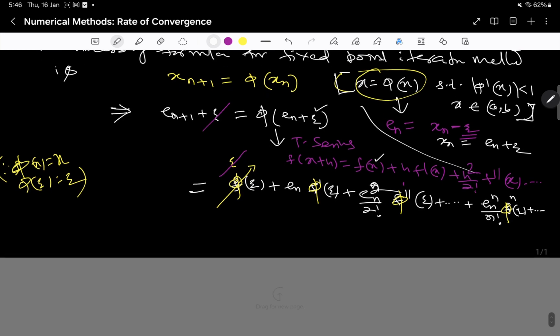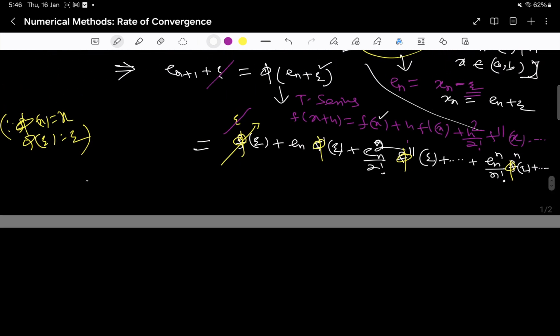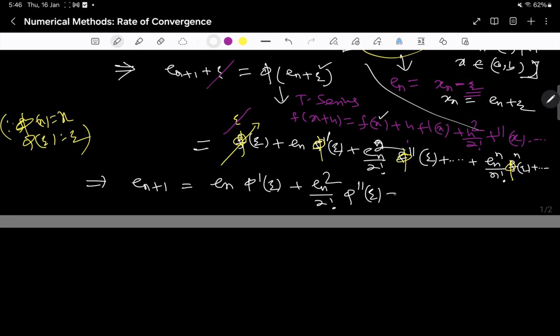What you will get is e_{n+1} = e_n phi'(zeta) + e_n^2/2! phi''(zeta) + and so on, up to e_n^n/n! times the nth derivative of phi at zeta, plus so on.